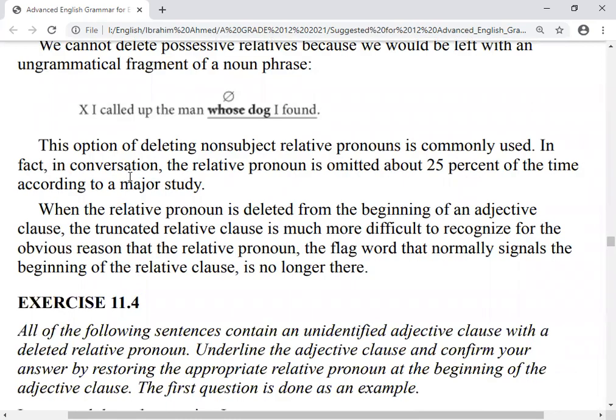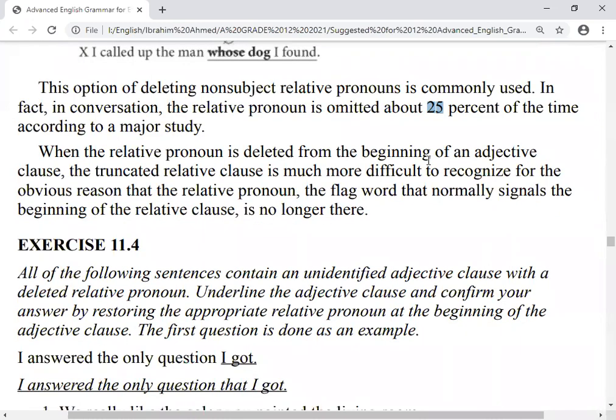This option of deleting non-subject relative pronouns is commonly used. In fact, in conversation, they say it's about 5%. This is a statistic we don't need. When the relative pronoun is deleted from the beginning of an adjective clause, the truncated relative clause is much more difficult to recognize.